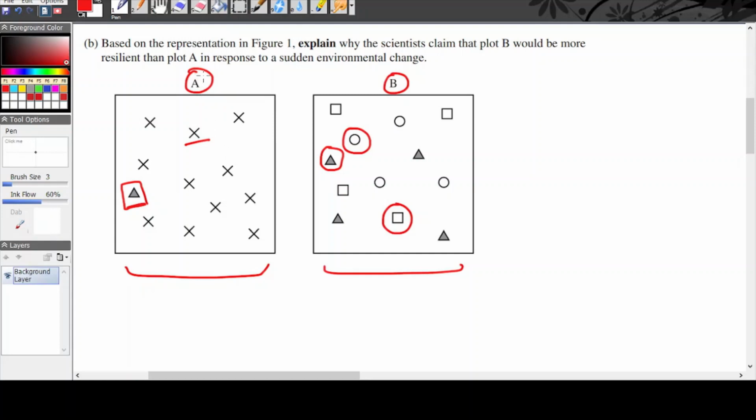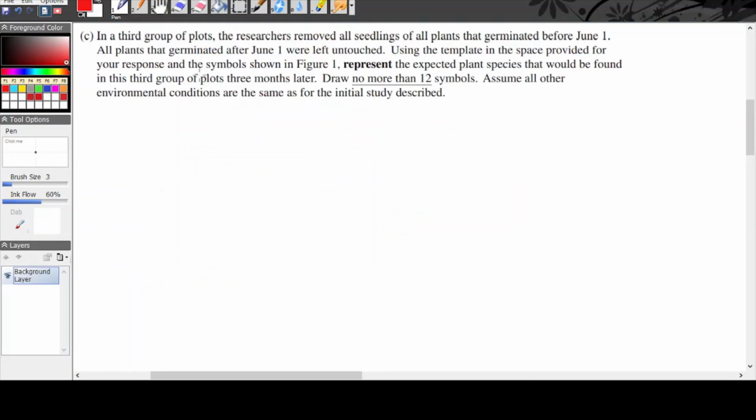Whereas for plot A, if an environmental change occurred that was not favorable to the ragweed, then all of the ragweed would die and plot A would be left completely empty, with just small quantities of one particular species left.